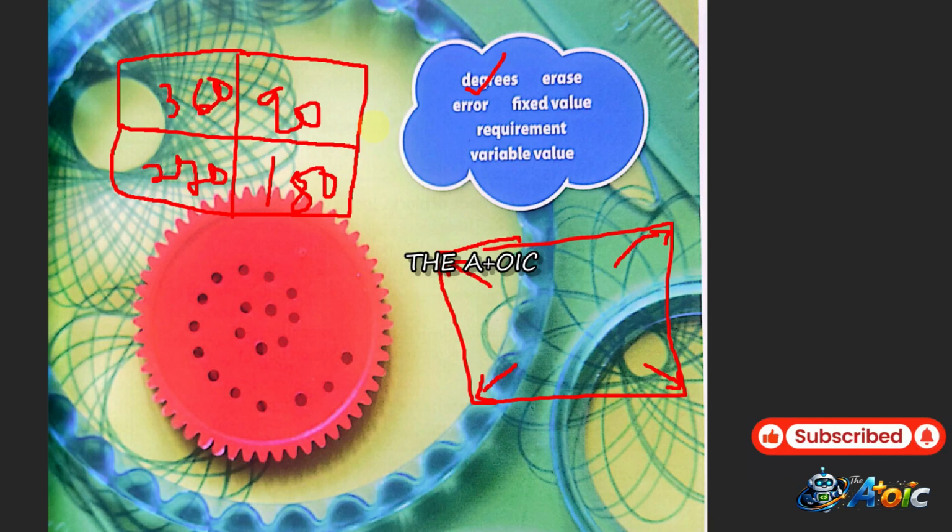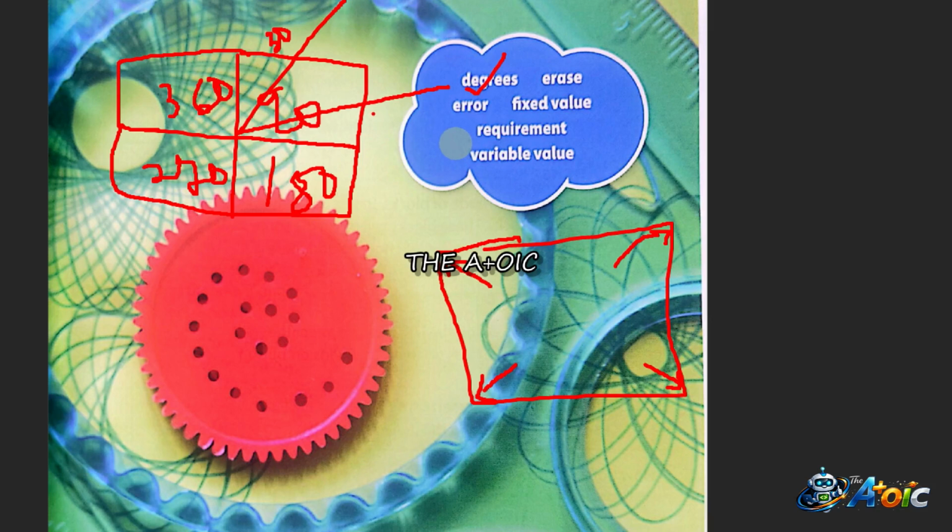A full rotation gives us 360 degrees. But when we rotate a little bit, maybe we go here 30 degrees. When we rotate a little bit here, maybe we'll be getting 70 degrees.